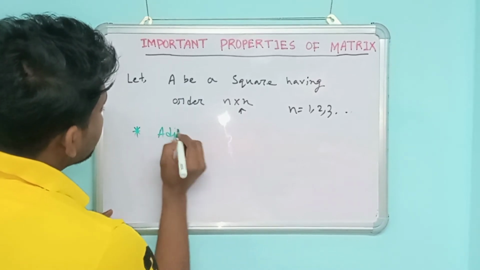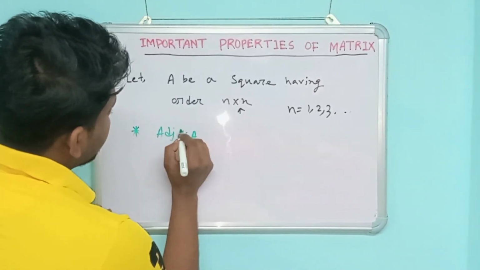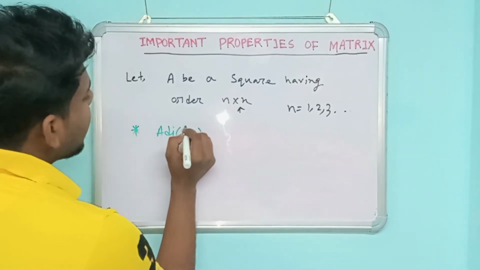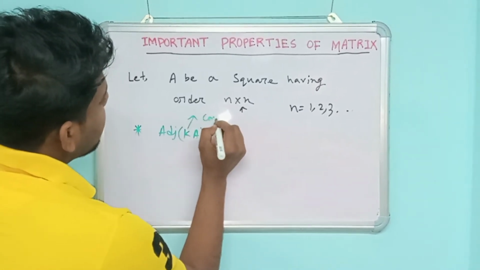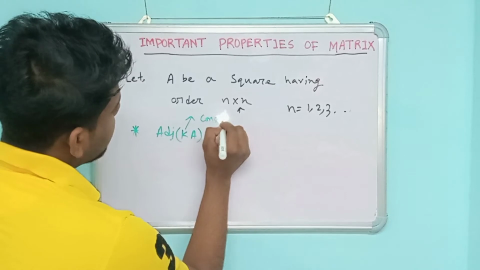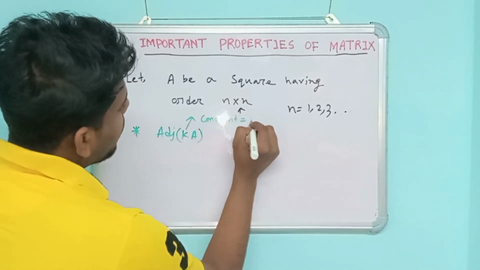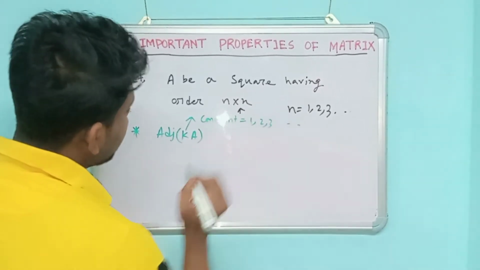Adjoint of KA, where K is a constant like 1, 2, 3 and so on.